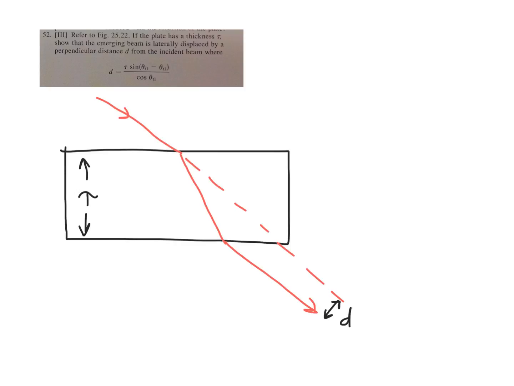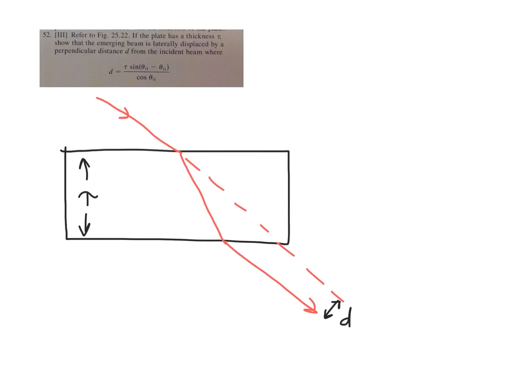In the thing we're trying to prove here, the distance between the actual emerging beam and the direction of the original beam, the perpendicular distance between those two parallel lines, is d. It is equal to tau, the thickness of the substance, times the sine of theta I1, that's the angle of incidence number 1, minus theta T1, the transmission number 1.